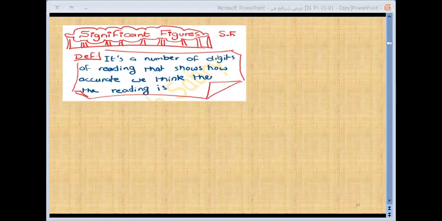Before saying anything, let me tell you that in all your calculations in IGCSE O-level, paper 4 especially, and paper 6, by the way, you will use 2 or 3 significant figures.